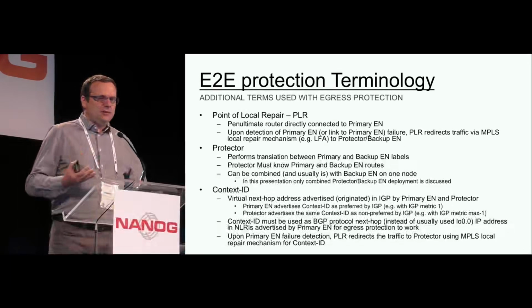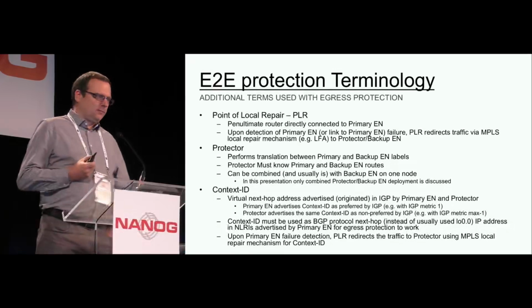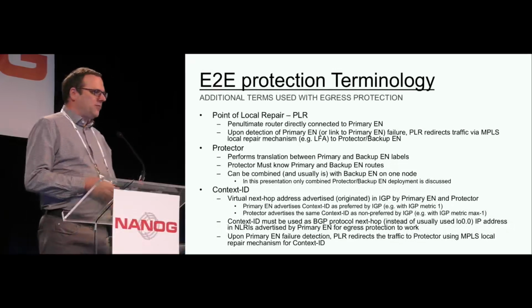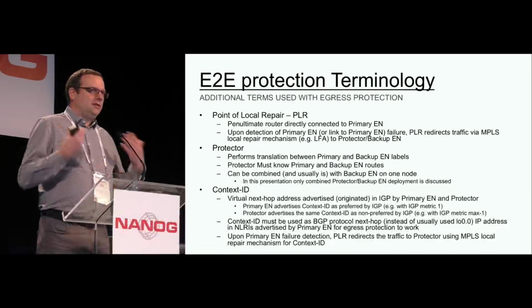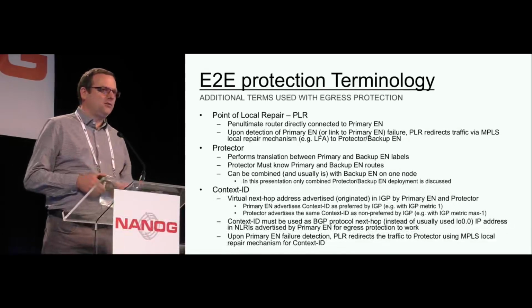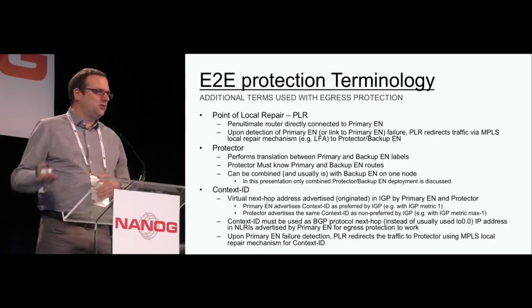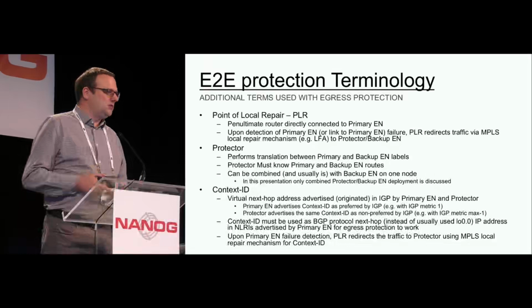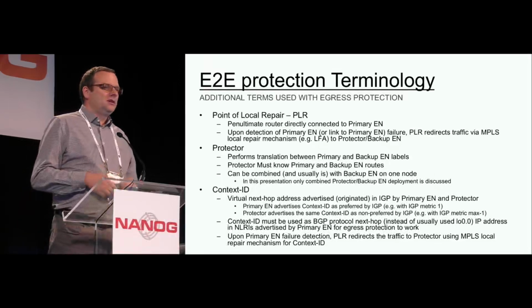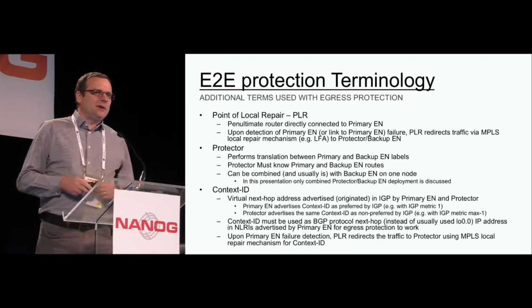Then we are also introducing a function that we call protector. So what is the protector function? When you do traffic restoration for VPN, it is not enough just to switch over the traffic to the backup PE, because this traffic will arrive at the backup PE with a label which is allocated by the primary PE.